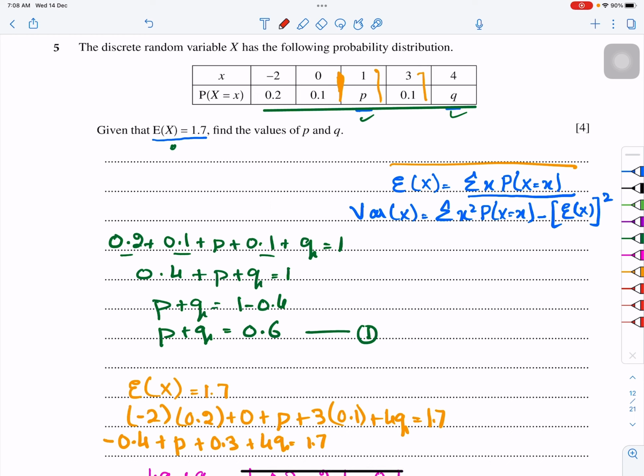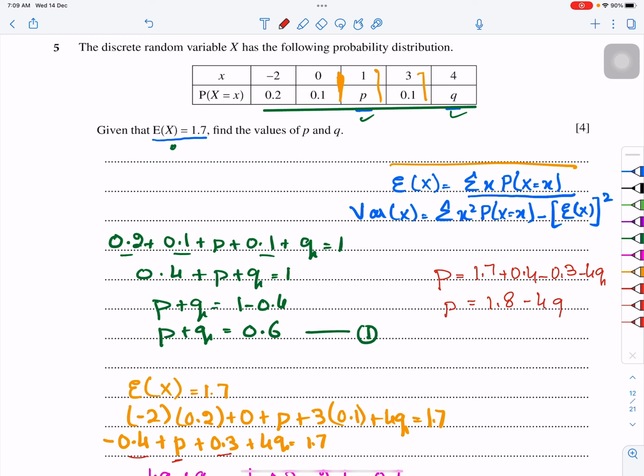Now let's further simplify it. So let's keep p here and the rest of the things to the other side, and it will become p equals 1.7 plus 0.5, right? I'm taking these numbers to the other side. Minus 0.3 minus 4q, which will become p equals 1.8 minus 4q, you can keep a calculator in your hand if you want.